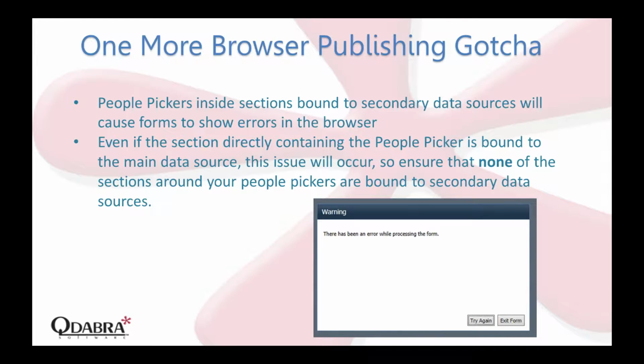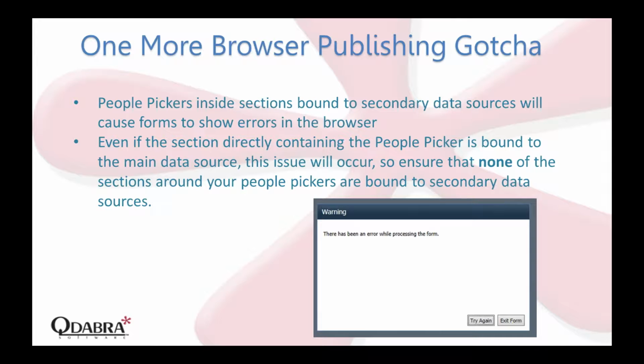As a side note, another browser publishing thing we ran into recently is that people pickers should not be placed inside of section controls that are bound to a secondary data source.